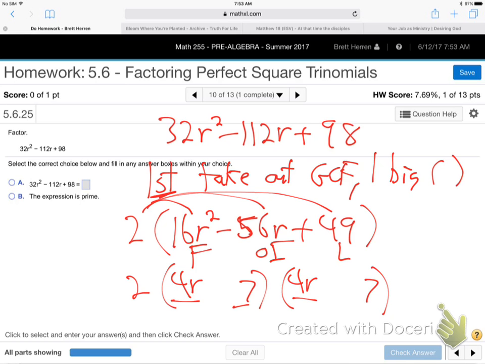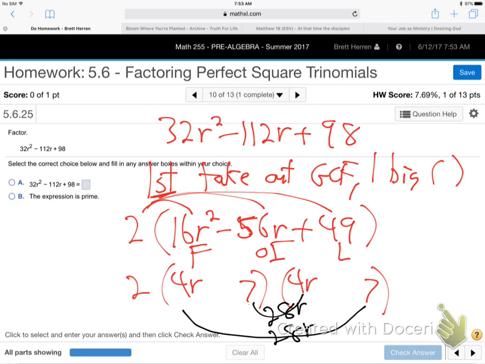Okay, so now we got to make that middle term, right? Which is the OI pattern thing. So let's check that out. So the 2 inner, the 2 outer. So it's that 28r and the other 28r.